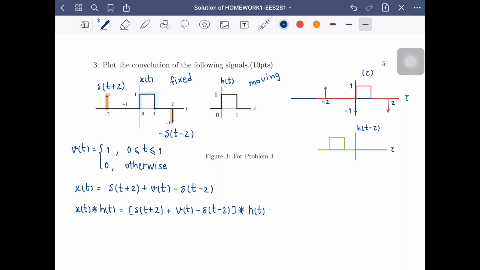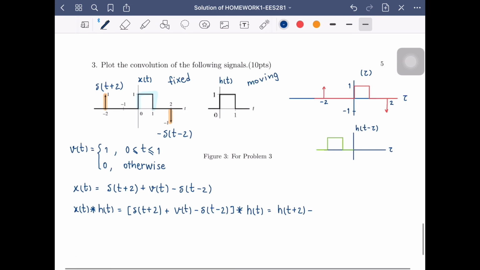This equals h of t plus 2 plus the convolution of v(t) with h(t) minus h of t minus 2.